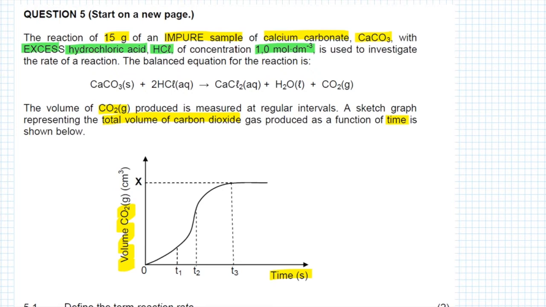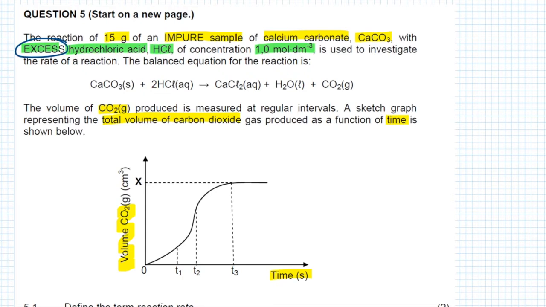Before we go on to the questions that follow, I would like us to analyze the information that has been given to us. Number one, I would like to point out that calcium carbonate and the hydrochloric acid are the only two reactants in this reaction. The hydrochloric acid is in excess.